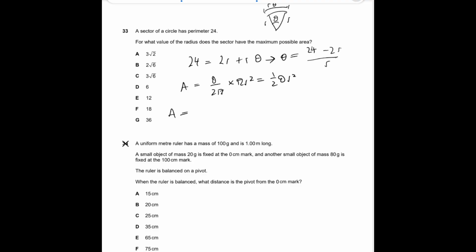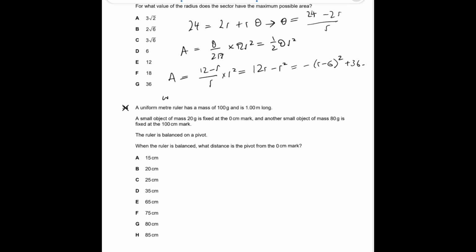So A is going to be, what's that? That's going to be 12 minus r over r times r squared, which is going to be 12r minus r squared, which is going to be minus (r minus 6) squared plus 36.